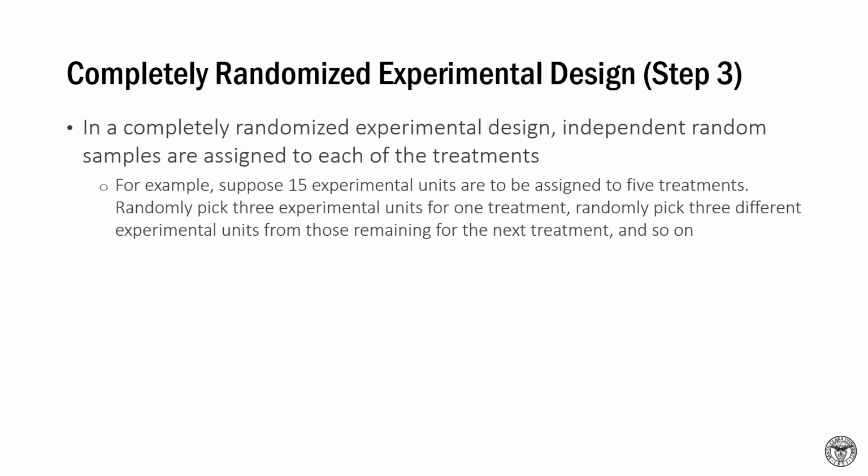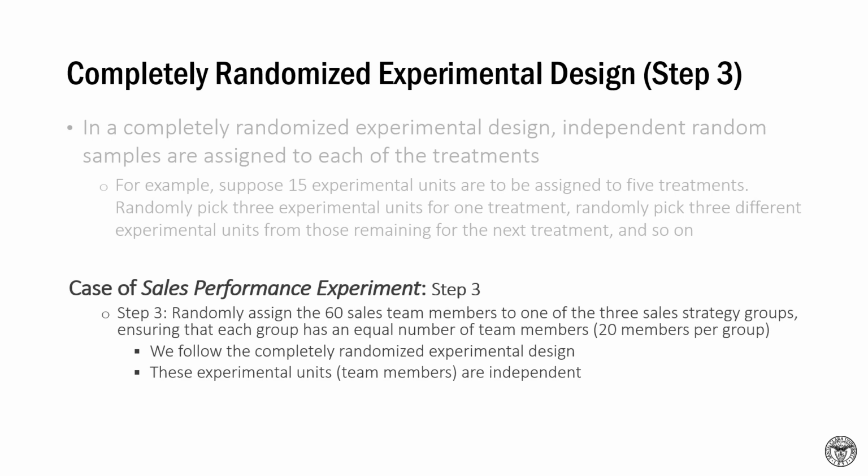For example, in an experiment where 15 experimental units are to be assigned to 5 treatments, we can randomly pick 3 experimental units for each treatment. In the sales performance experiment, given that there are 60 experimental units and 3 treatments, we can randomly select 20 salespeople for each sales strategy.